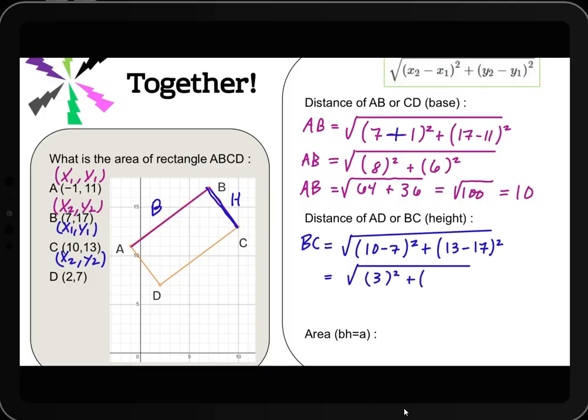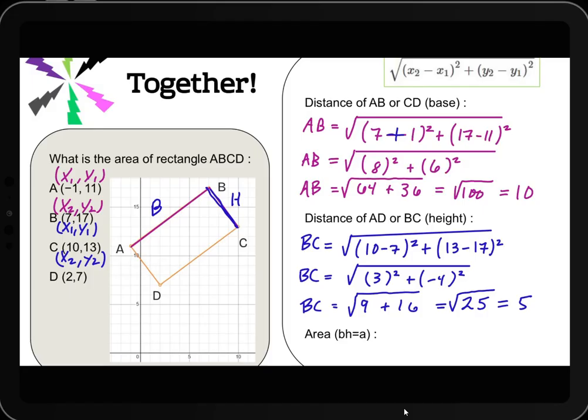And here I get a negative 4 squared. So that yields 9 and 16. Take the square root of that, and I end up with a nice 25. Take the square root of that, and I get 5. So the length of BC is going to end up being 5, and the length of AB was 10.